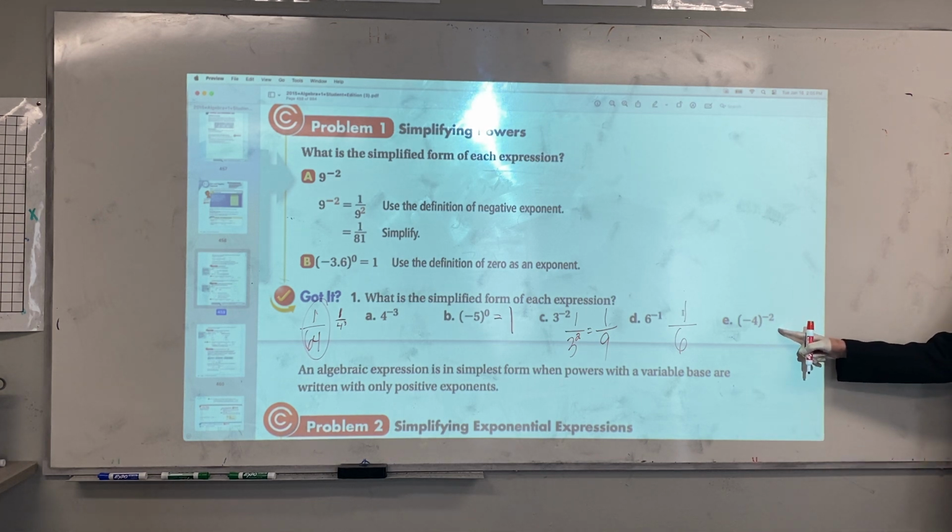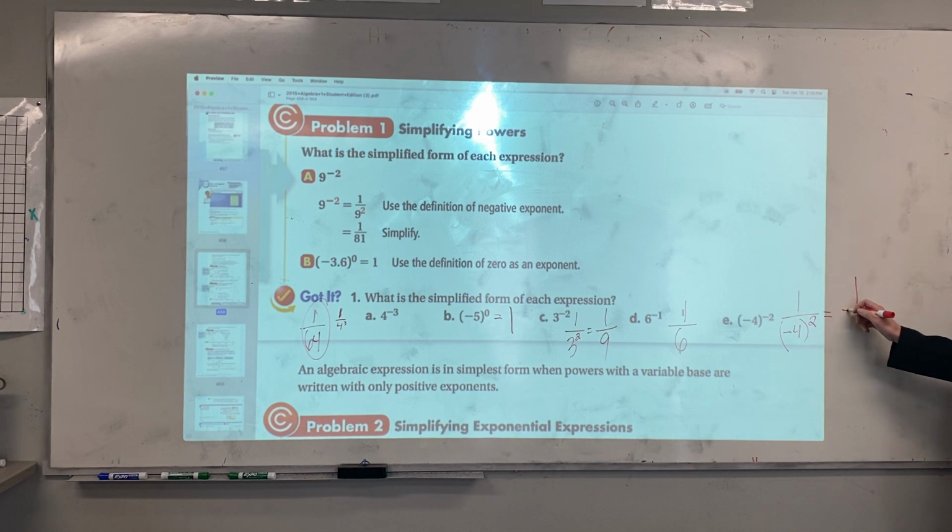And then what about this crazy thing? 1 over 16. Because the first step would be 1 over negative 4 in parentheses to the positive 2 power. And then that would give you 1 over 16.